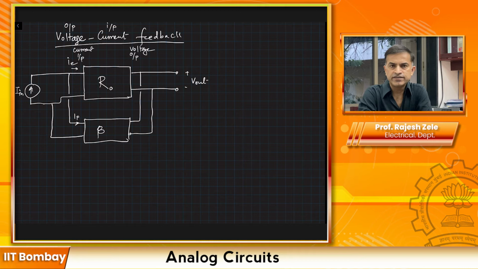So in this particular case, what you would see is V out divided by I in. Originally, it would have been R out, and now it will be 1 plus beta times R out, something like that. In the voltage case, we had A0. In the trans resistance amplifier, it will be the R out of the amplifier.